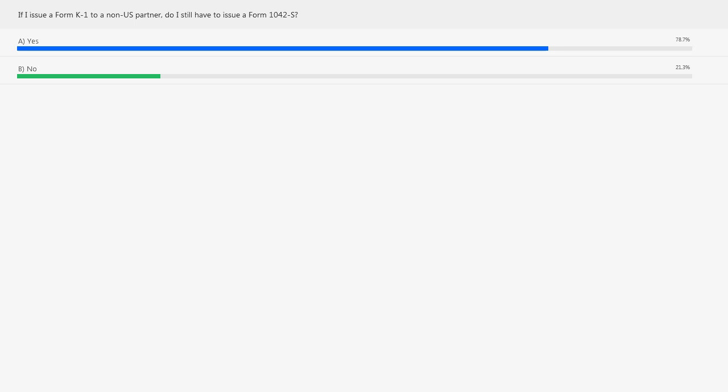So the analysis is, on that Form K-1, is there U.S. source income that has either been paid during the year or has simply been allocated to that foreign partner? And if the answer is yes, then you have to also issue a Form 1042-S along with the Form K-1.